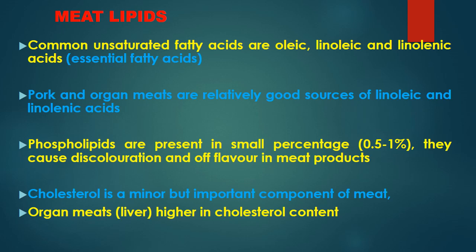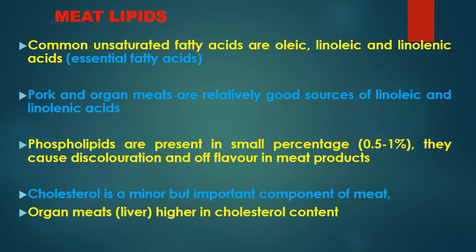The oleic acid has a single double bond in the C18 chain, and linoleic acid has a single double bond in a 20 carbon chain fatty acid, and linolenic has two double bonds in a 20 carbon fatty acid. So all these are considered essential fatty acids.